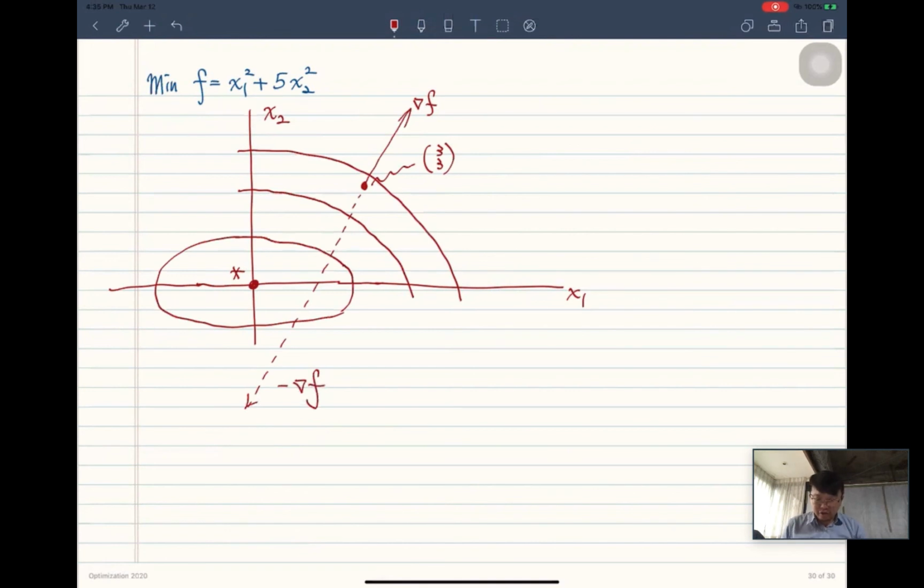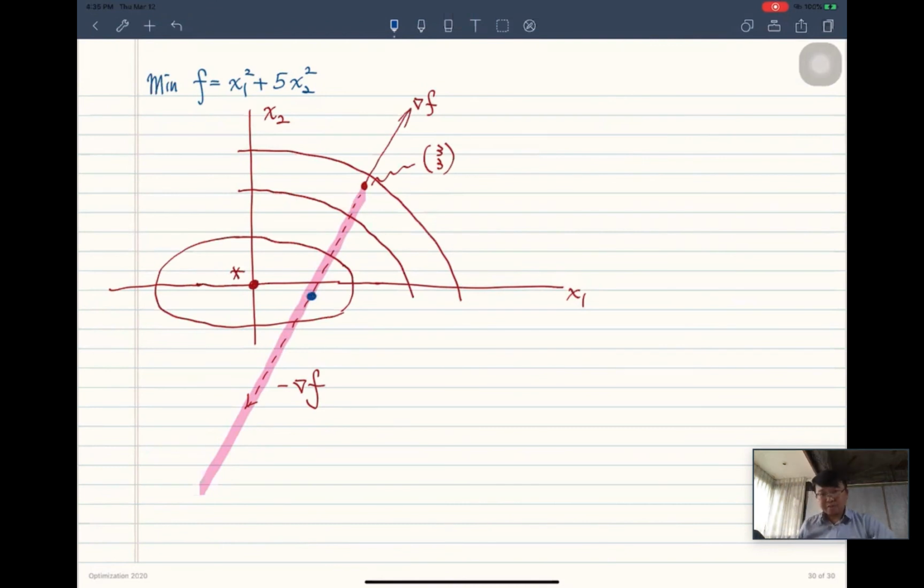So when you are doing this, what does that mean? You are trying to find a solution along this line, the point on the line which gives you the lowest value of f. What you found was somewhere over here.